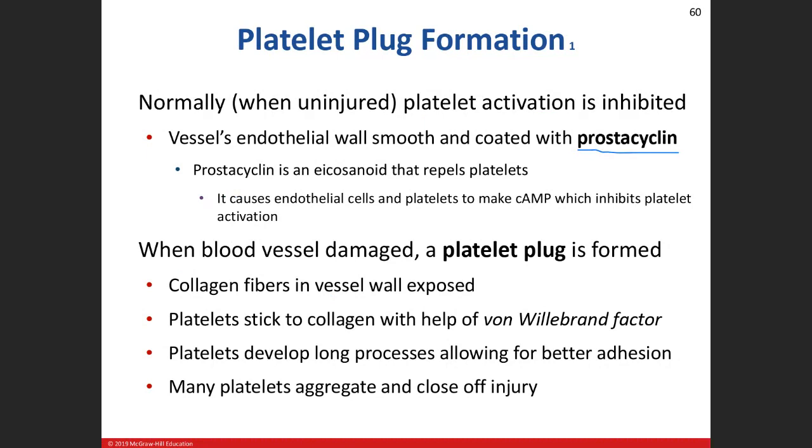prostacyclin. Again, that prostacyclin is one of those eicosanoids, which are those locally acting hormones. Does anyone remember where eicosanoids come from? We talked about it in chapter 2, but we also talked about it a little bit in chapter 17 this semester. You want to commit this part to memory. Eicosanoids come from your plasma membrane. One of the phospholipids there has an amino acid called arachidonic acid.